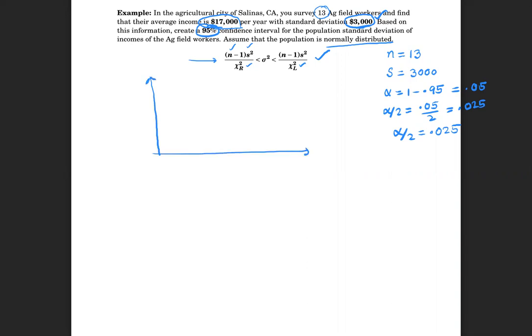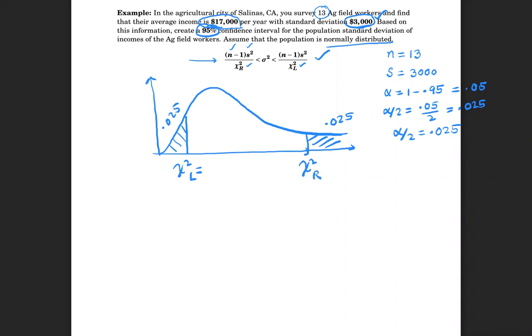So it's going to look like this. Not a good chi-square distribution drawing. Make it a little smoother looking. Okay. Area to the right is going to be 0.025, and area to the left is going to be 0.025, and this is your chi-square sub L, meaning left side, and this is your chi-square sub R, meaning the right side.